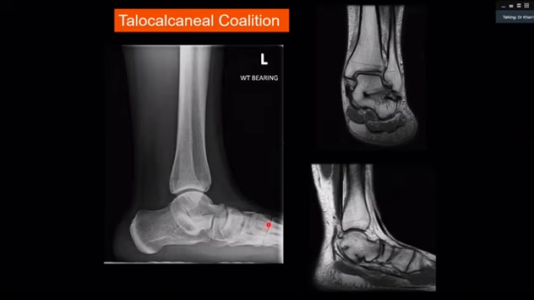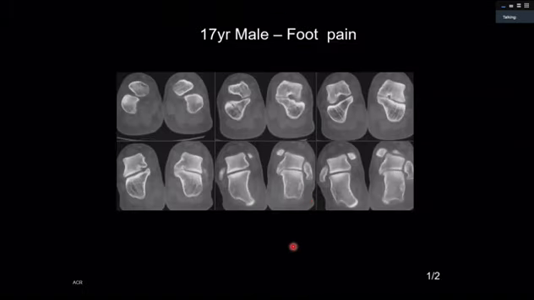An MR. This is another case, by the way, and you can see this bony bar on an MR also. This is just to show you the same thing on CT scan. So right, left, right, left.